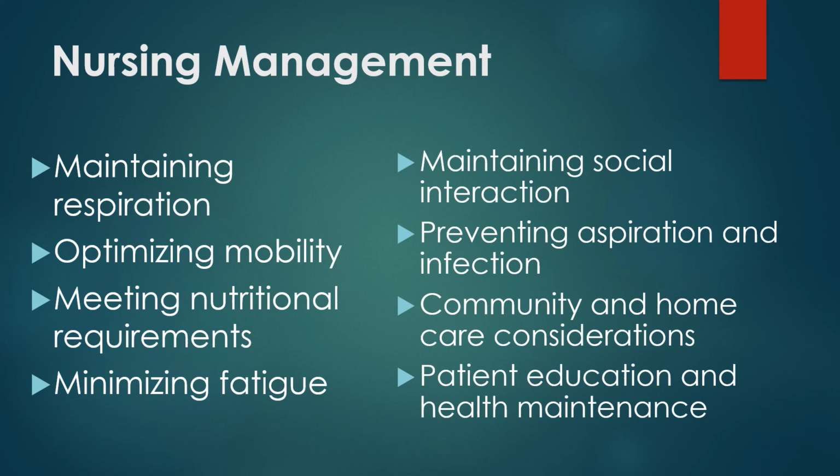Nursing management for these types of patients. Respiratory maintenance might include the following: upright positioning, upper airway suctioning, and encouraging the use of the incentive spirometer. You will conduct ongoing assessments for signs of hypoxia, such as tachypnea, restlessness, poor sleep, excessive fatigue.